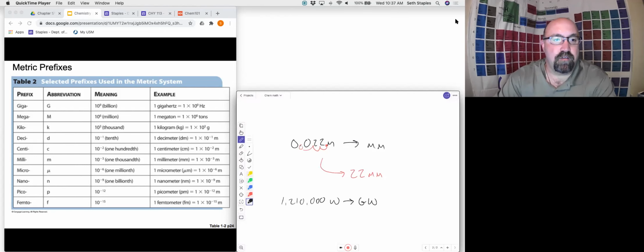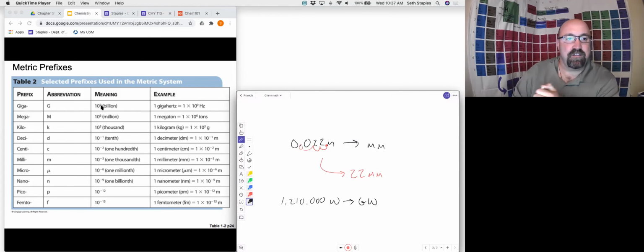So again, we look at our conversion. But again, here's our baseline. So we're sitting right here in the middle with watts. Our exponent for giga is 9, because there are 10 to the 9th, or 1 billion watts per gigawatt. And so our exponent is 9.